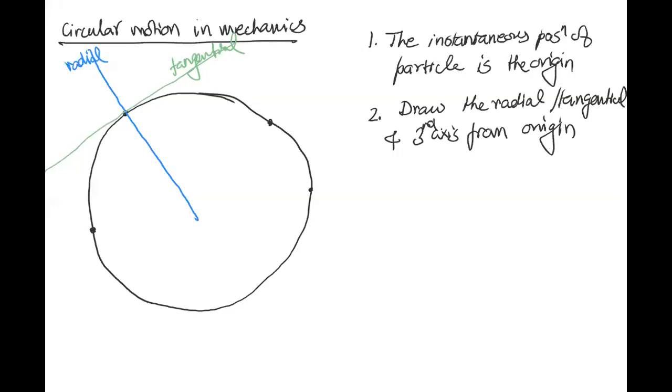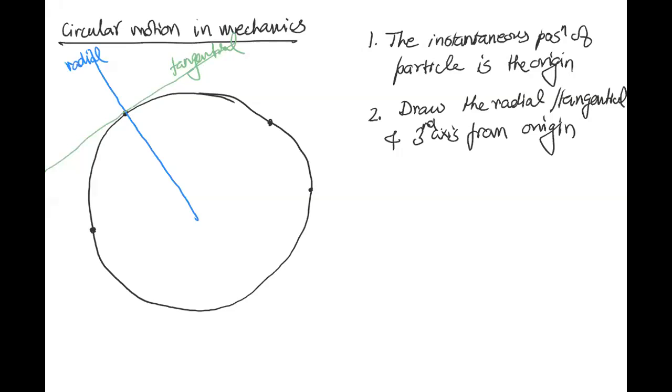If you choose to deviate from this path, then your life will be very difficult and miserable, because in uniform circular motion, the acceleration of the particle is always radially towards the center, which is called the centripetal acceleration.